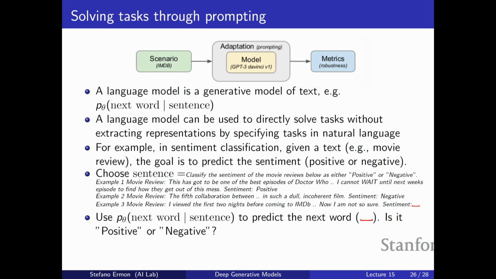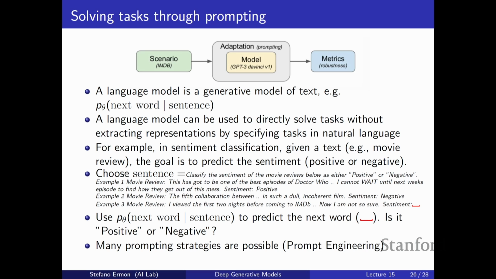Then you use the model to predict what you should replace blank with, which is exactly consistent with the API of the model, which is predict the next word given some context. If the model predicts positive, then you classify this as a positive example. And if the model outputs negative there, then you classify it as a negative example. And so this is an example of prompting. And of course, there's many smarter ways of doing it.